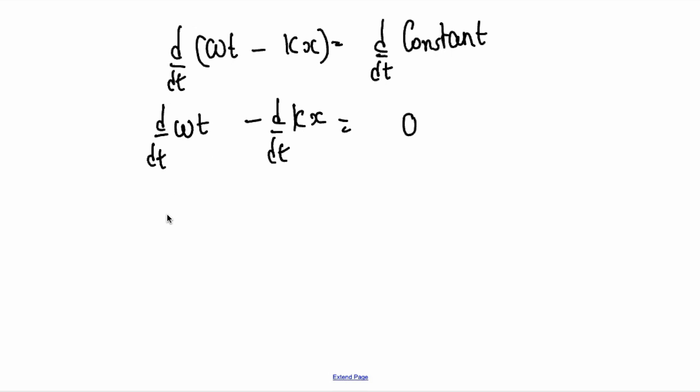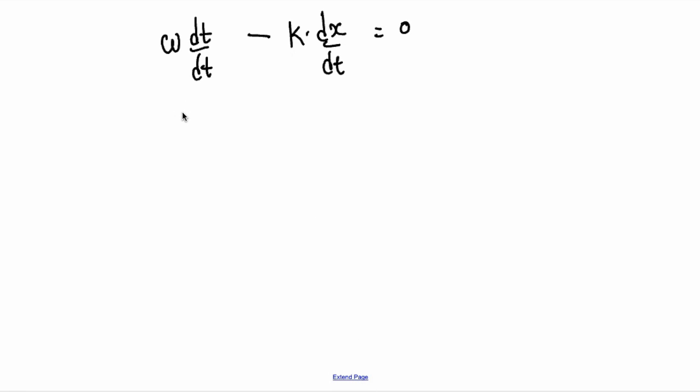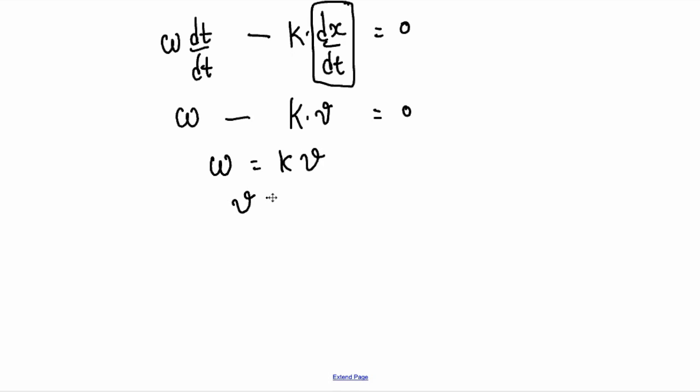Here the differentiation of omega t will be omega into dt by dt, minus k common dx by dt, equals 0. So omega minus k into dx by dt, and change in position with respect to time gives linear velocity, equals 0. Omega is equal to kv, hence the velocity of a wave is always omega by k. Like this we can prove it.